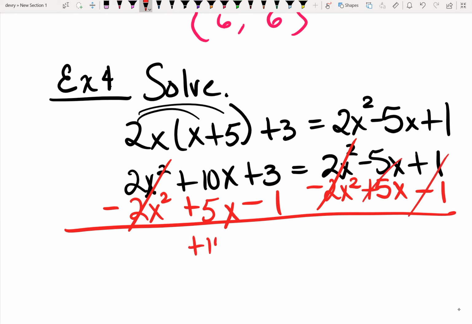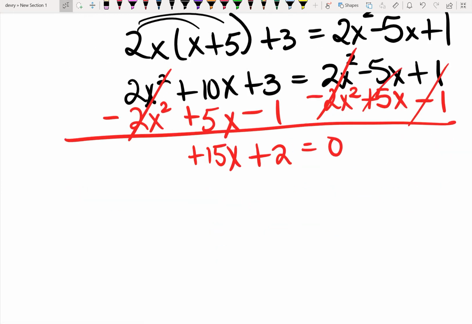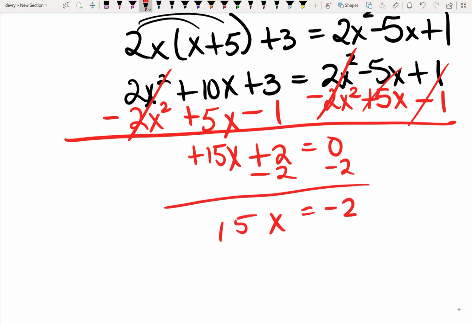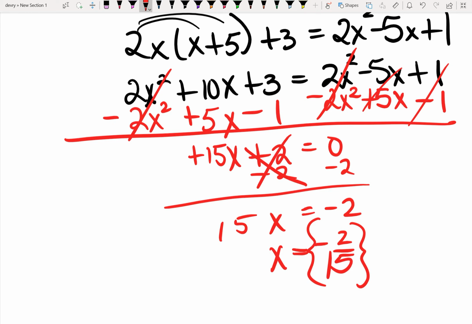This gives me 15x plus 2 is equal to 0. And now I can actually solve. If I subtract the 2 and bring it back over here, this gives me 15x is equal to negative 2. Notice that went away. And then I'm left with x equals negative 2 over 15, and that is my solution set. Okay.